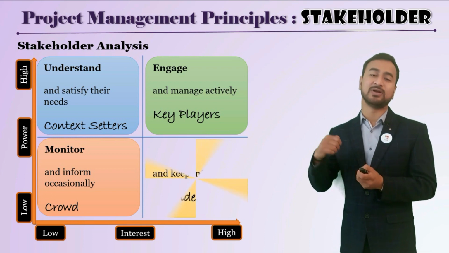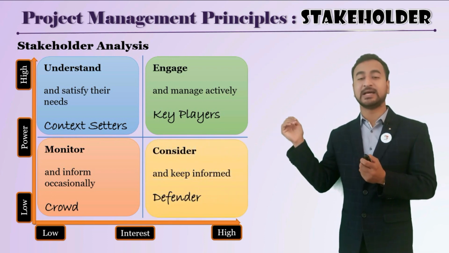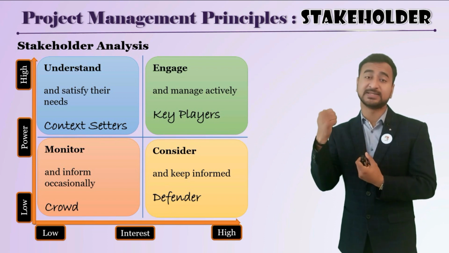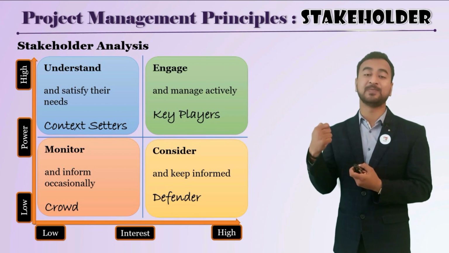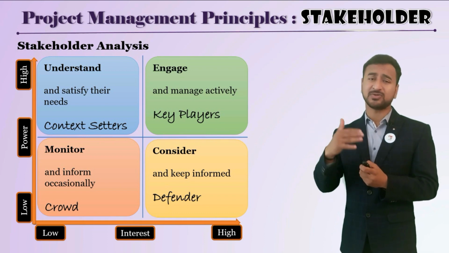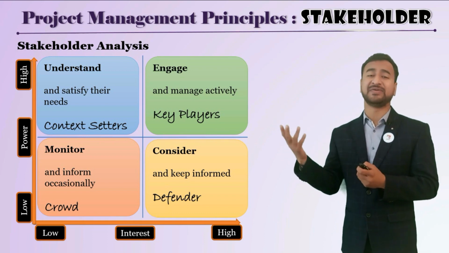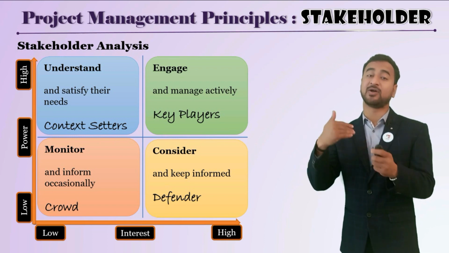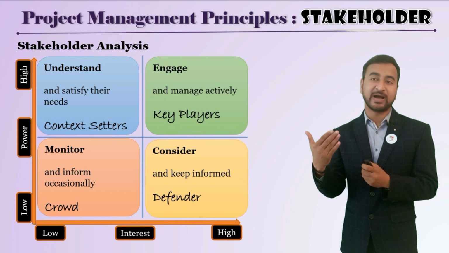And the last quadrant, having high interest but low power, are the defenders. They are supporting your project, so you have to keep them informed about the project progress and all that. So this is the power interest grid analysis, by which you can analyze the stakeholders, and accordingly you can define the strategy to engage the different stakeholders.